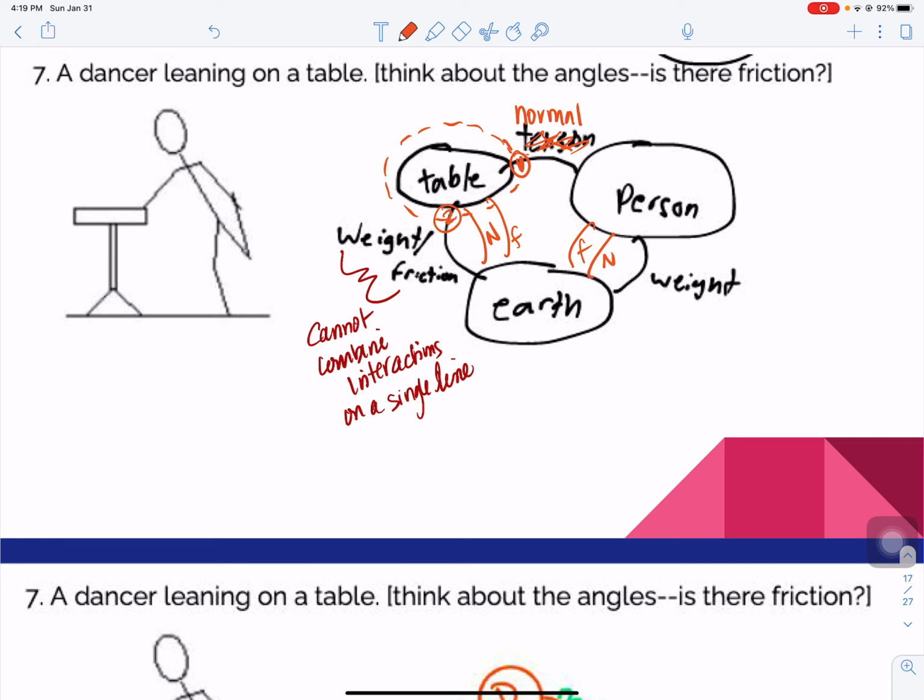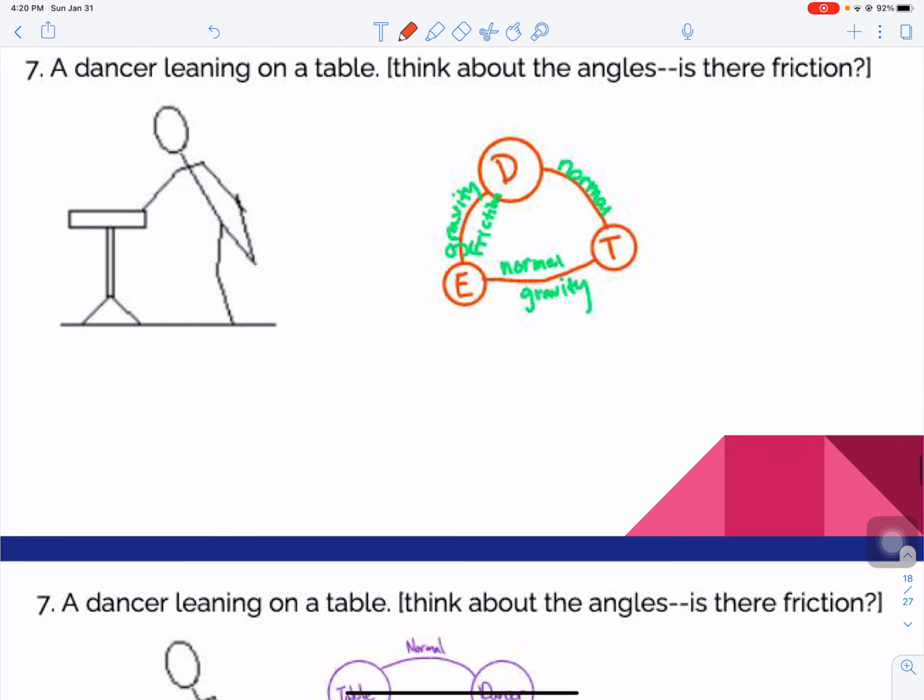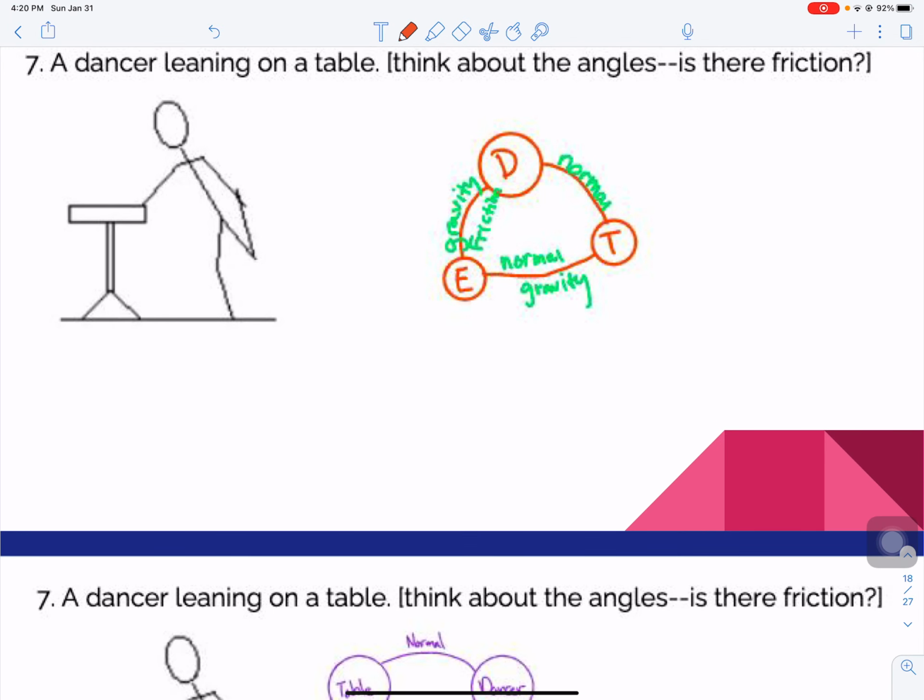It does not mean typical or common. Okay, so dancer, table is normal. We're good with that. So again, people are combining interactions. You cannot do that. 1 line, 1 interaction.